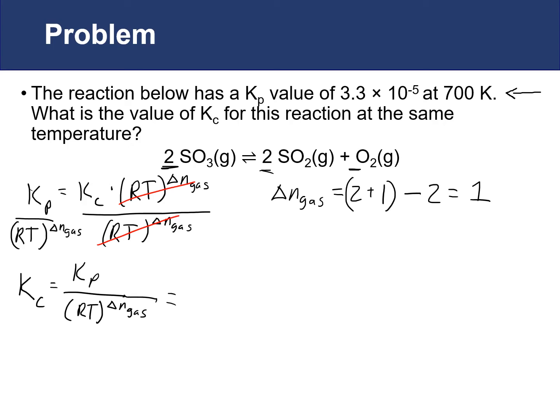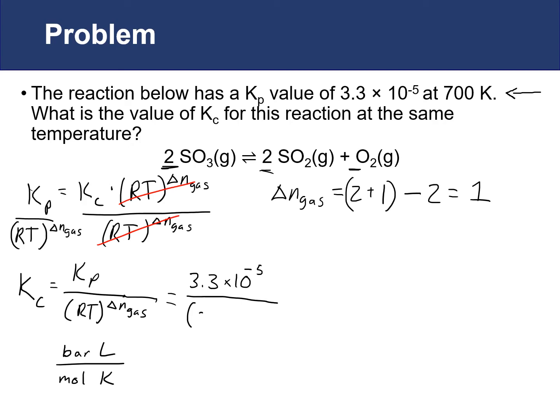So plugging in our values, this is 3.3 times 10 to the minus 5. Note it has no units. The R value we will be using needs the units to be bar liter per mole Kelvin in order for all of our units to cancel out.